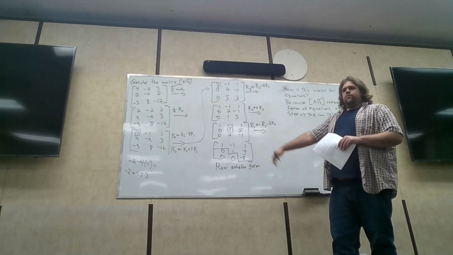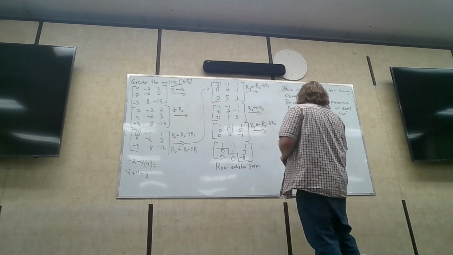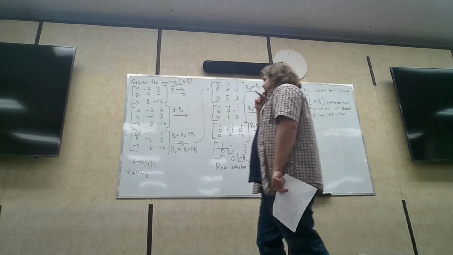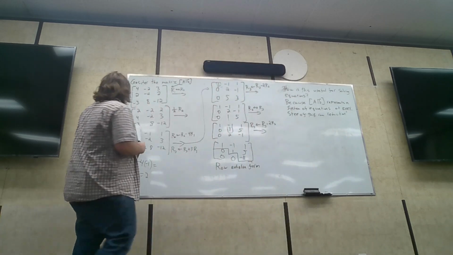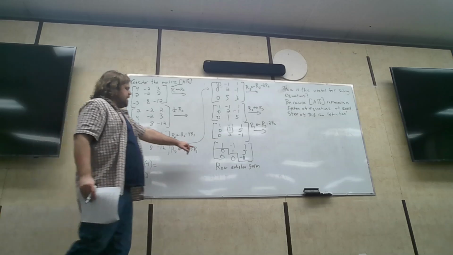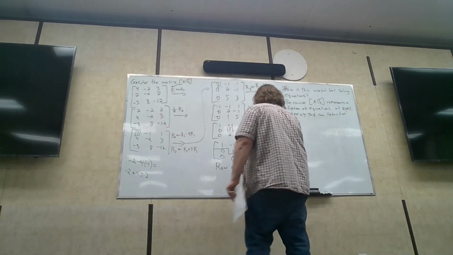And then you just solve it, right? So we can do one better though, because if we're saying this represents equations, then so does this. So what does this look like as a system of equations?